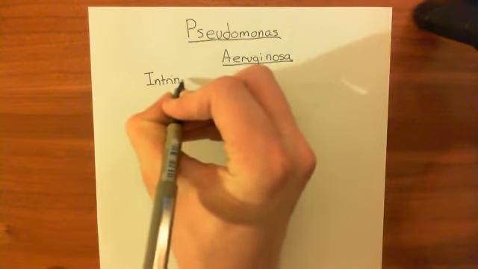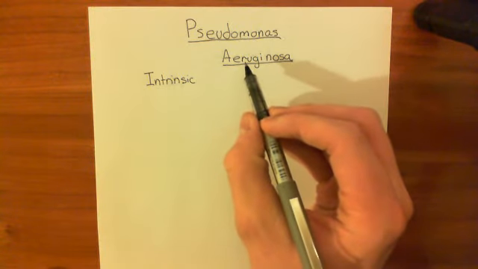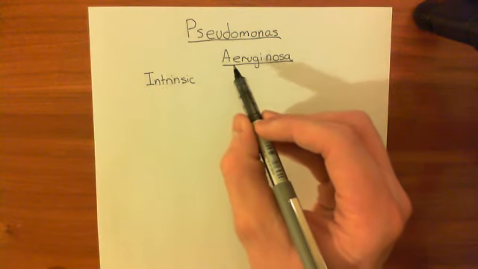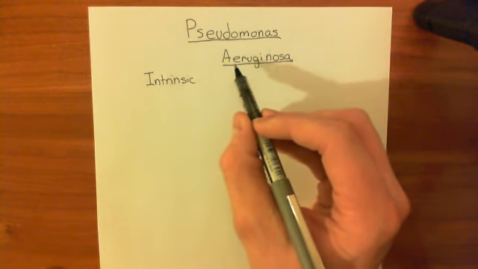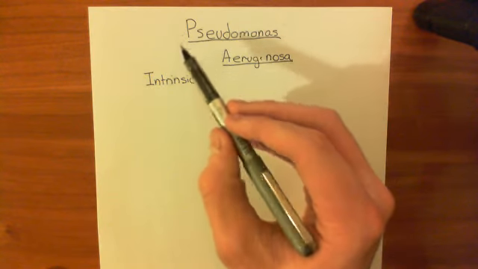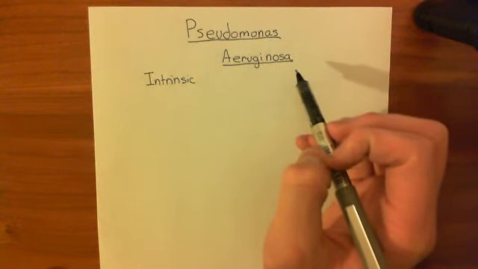So intrinsic resistance to the drug really means that the bacterium is not doing anything special to resist the drug. The drug just does not work on the bacterium. It means basically that something in the bacterial cell's physiology does not allow the drug to function.